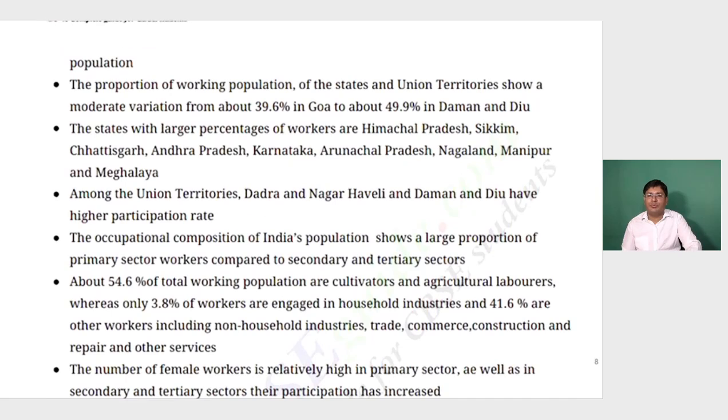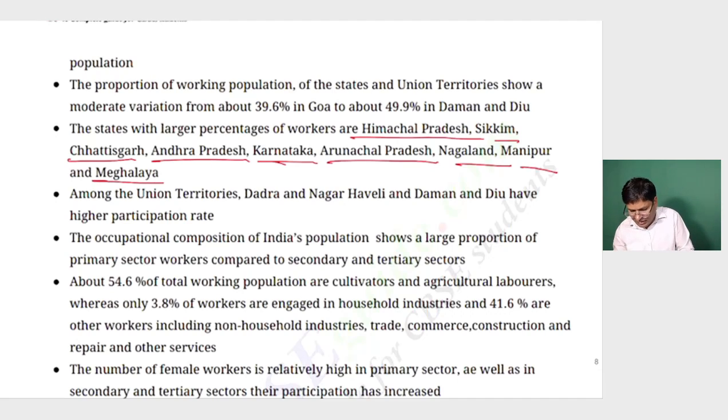These are the states where the percentage of the working population is higher than the national average, or comparing to the other states of India. In these, the working population is larger than in the other states.